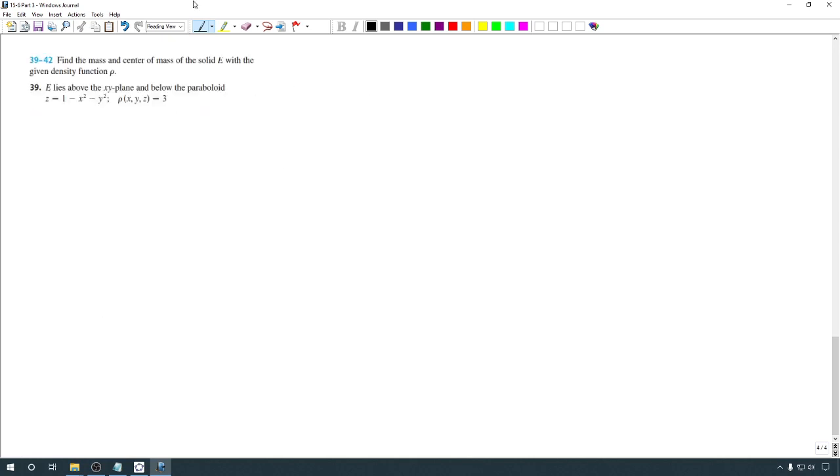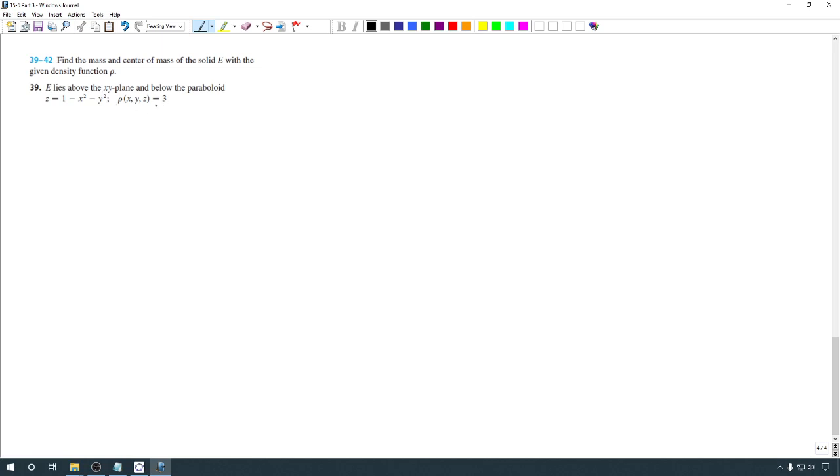As an example, we're going to work out problem 39. We have some solid E that we want to find the mass and the center of mass of. In this particular case, our density is constant.